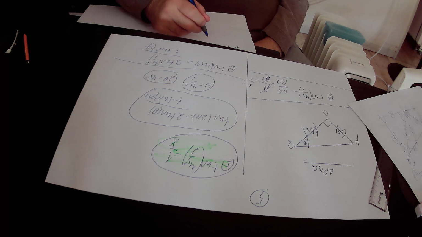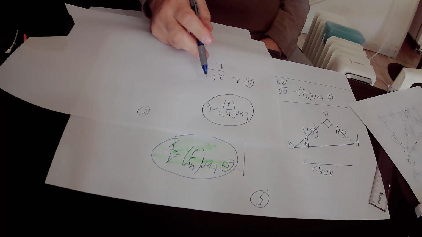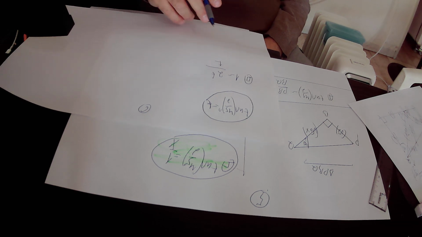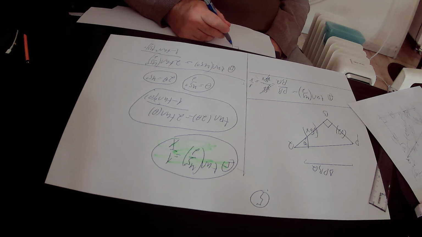So in the numerator we will have 2t over 1 minus tangent square 45 over 2 degrees. If tangent 45 over 2 degrees is t, then tangent square 45 over 2 degrees will be equal to t square. So this expression equals t square. So in total, in the denominator we have 1 minus t square.